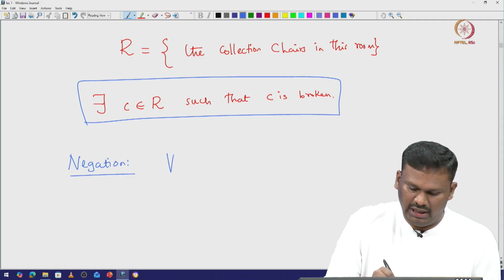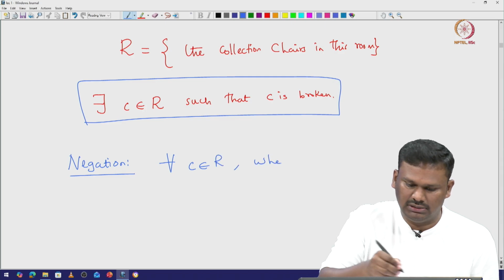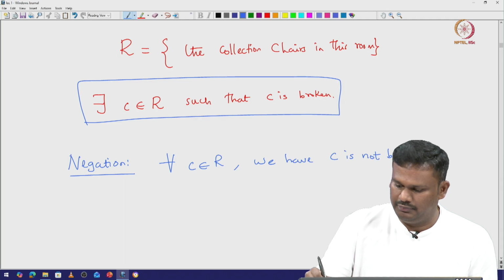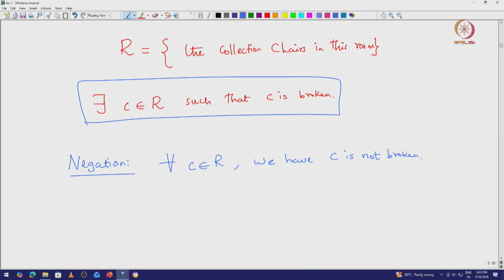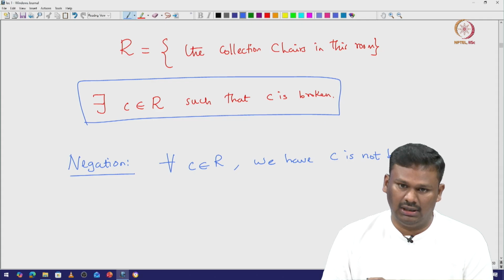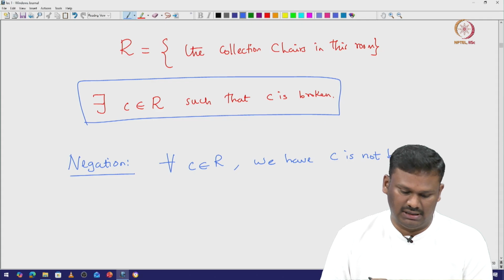For any chair C in R, we have that C is not broken. Okay. So, this is how one writes the negation of this mathematical sentence. As a simple rule of thumb, whenever you see there exists, if you want to negate, you put for all, and similarly whenever you see for all, when you negate, you put there exists.